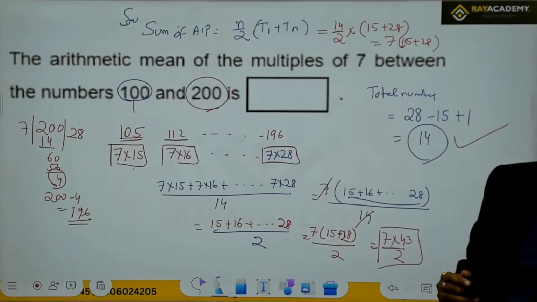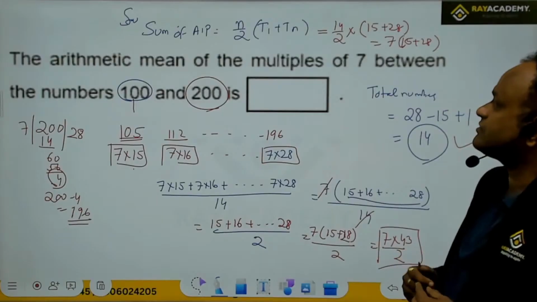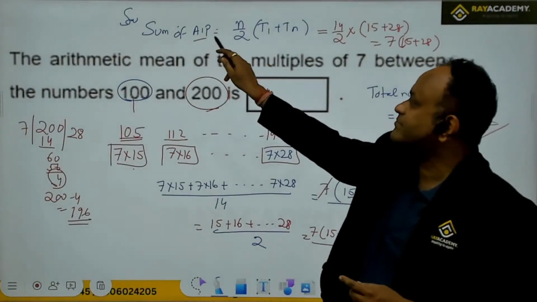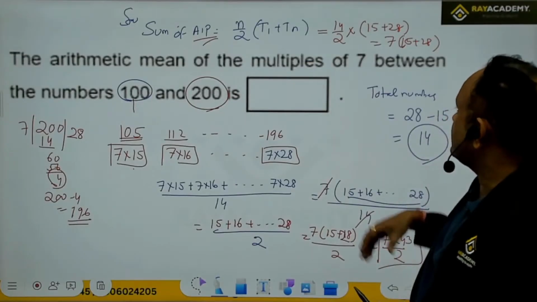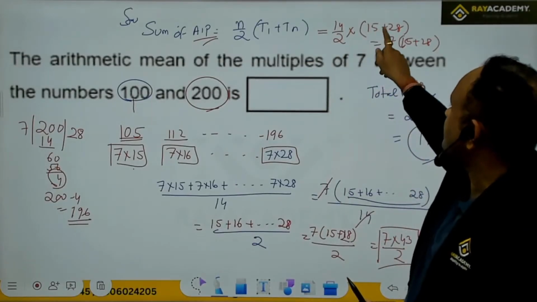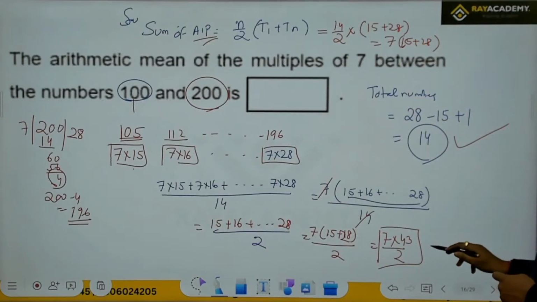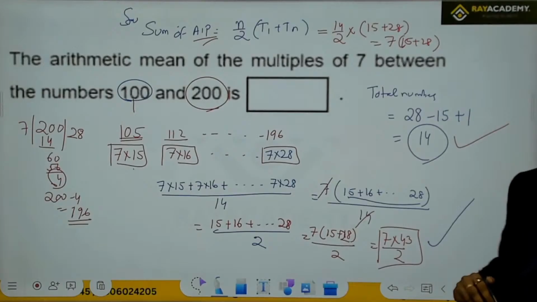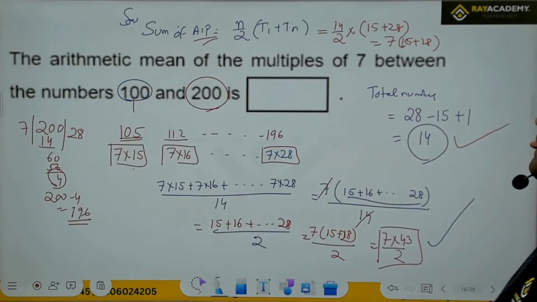You can use the formula for arithmetic progression: the sum is n by 2 into first term plus last term. Here n by 2 is 14 by 2, the first term is 15 and the last term is 28. Calculate that to find the number, some decimal, which will be the arithmetic mean.